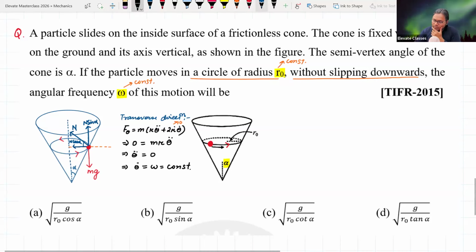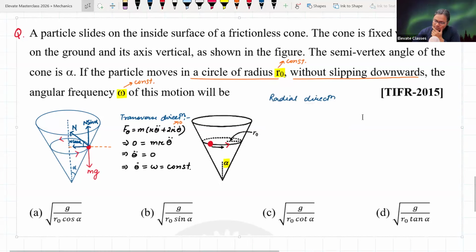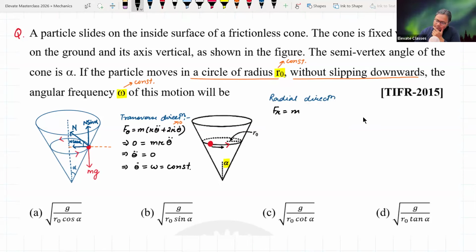All right. Now, let us look at the radial direction. What is the radial direction force equation? The radial direction force equation is Fr is equal to m(r double dot minus r theta dot square), but r double dot is equal to 0.